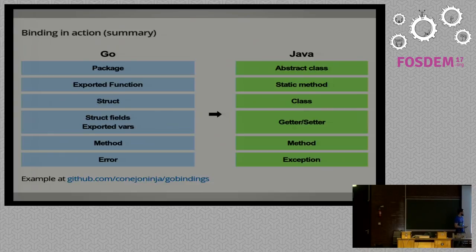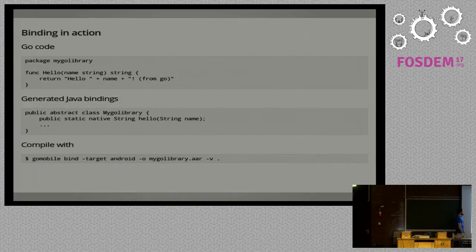So let's see some example code. Your Go code is quite simple here. You just have a package named myGoLibrary with a function named Hello that will receive some parameters. The generated Java binding is a class MyGoLibrary, as we said before.